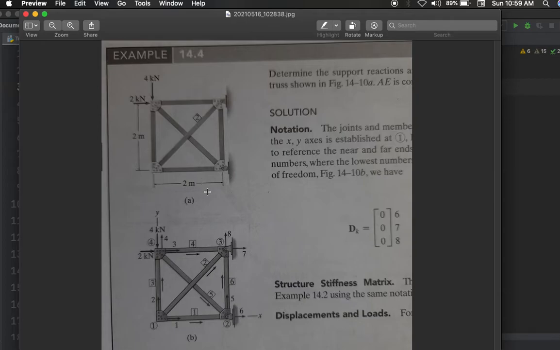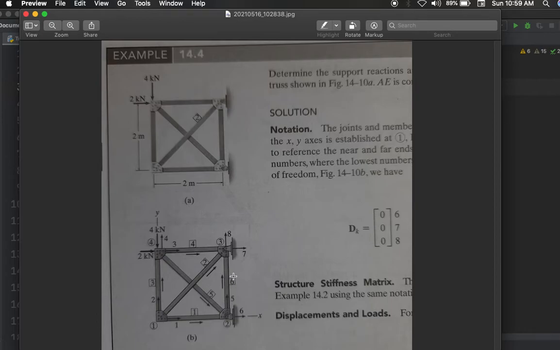If you understand that part, you must also know that these are the member numbers. These represent the members. So 1 in this square bracket represents member number 1, and this direction represents that I have to take this node number as the near node and this as the far node. So 1 is the near node for member 1, and 2 is its far node.